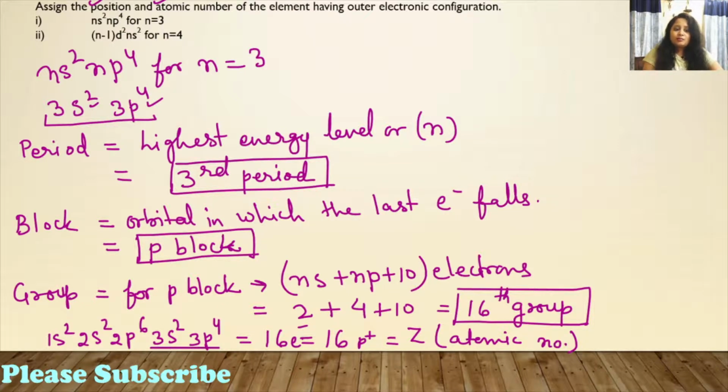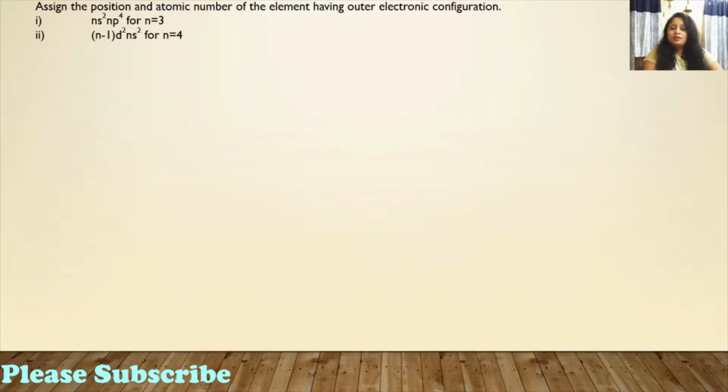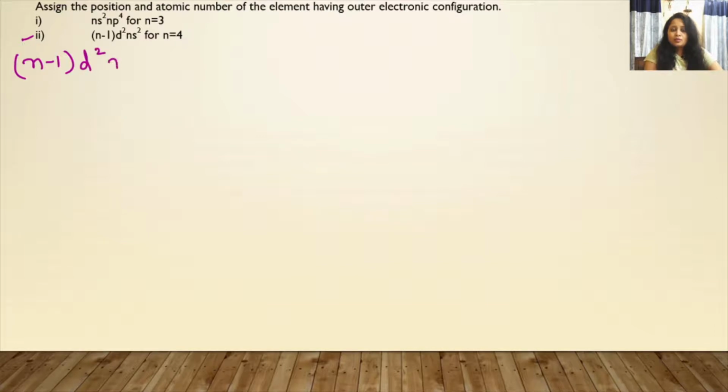Now come to question number 2. Again, the same process. First we will write the question: n minus 1 d having 2 electrons and s having 2 electrons for n equal to 4.